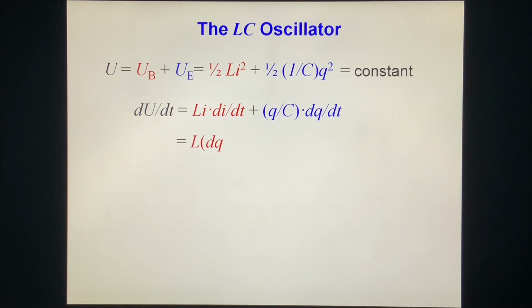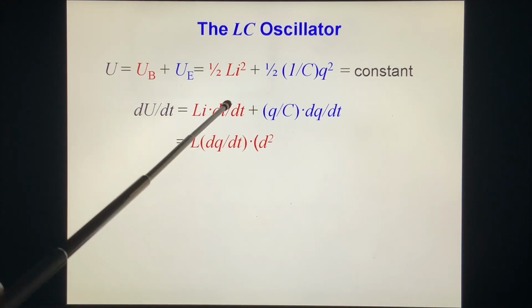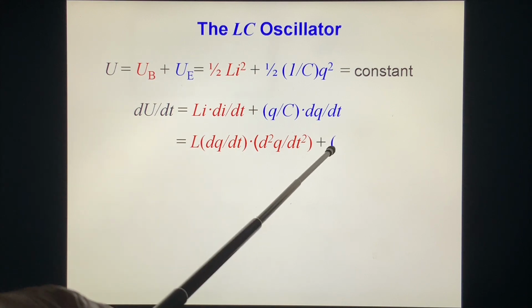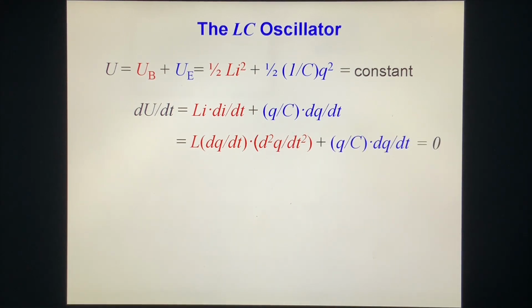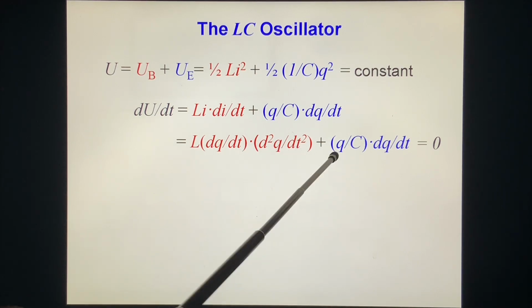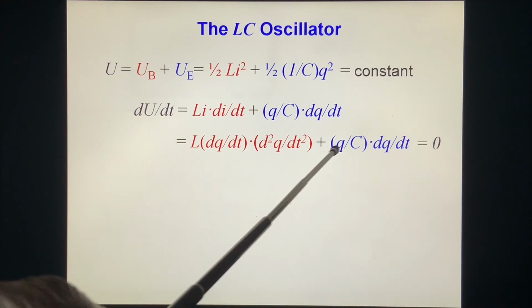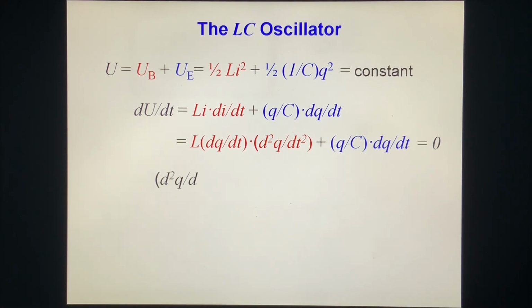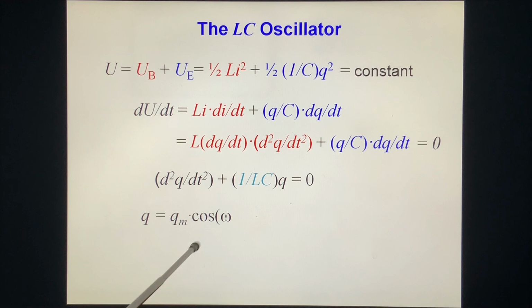Dividing by dq/dt, we get the second derivative of q with respect to t plus 1 over LC times q equals 0. From this equation we know omega squared equals 1 over LC, and q is a cosine, sinusoidal.